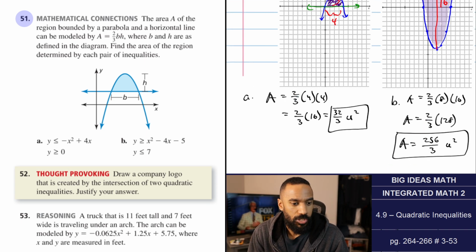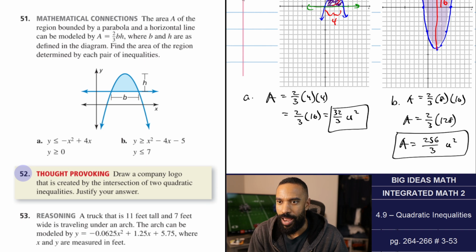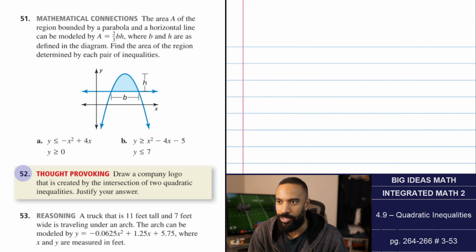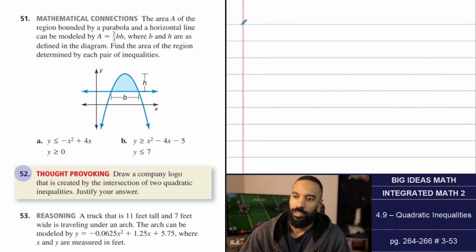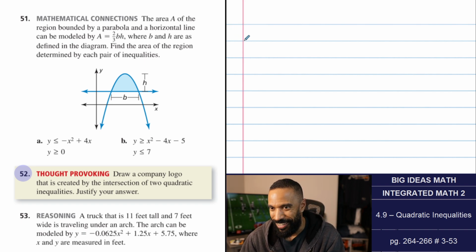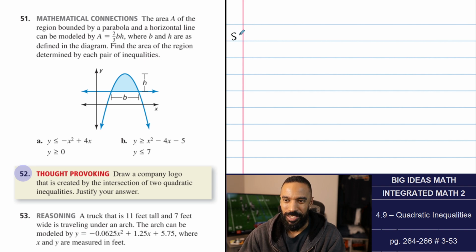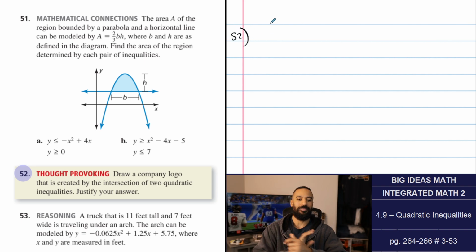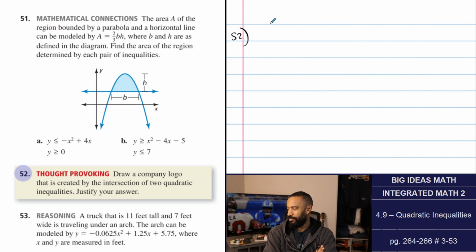All right, number 52, thought-provoking. Draw a company logo that is created by the intersection of two quadratic inequalities. Justify your answer. I mean, I kind of want to say no. I was thinking like Pepsi. Would a Nike swoosh count?